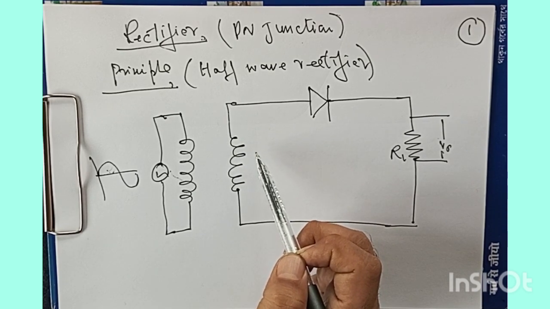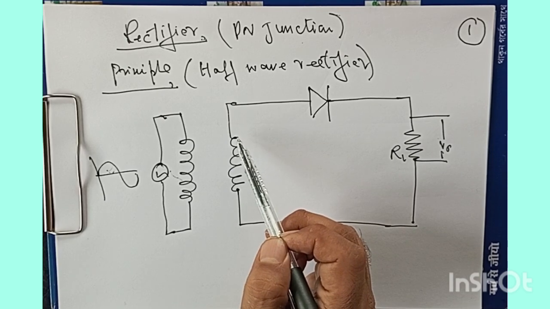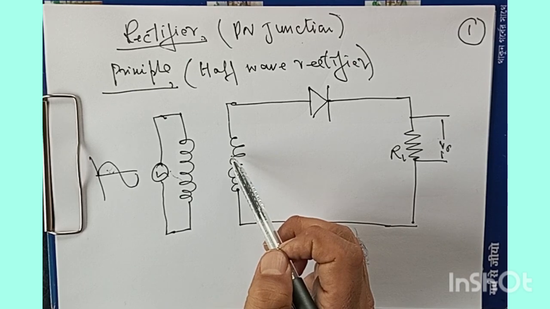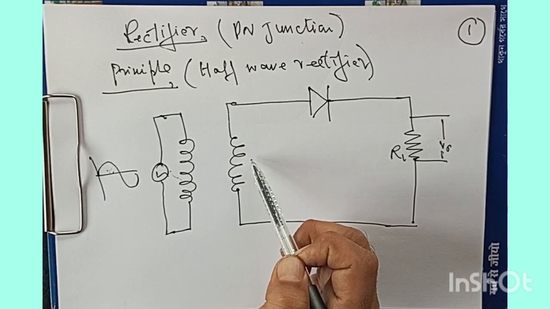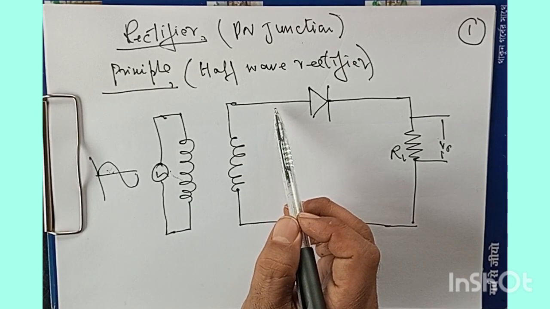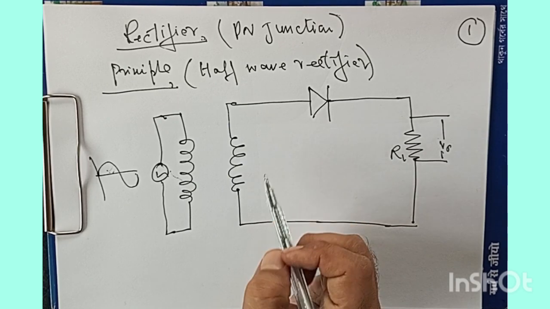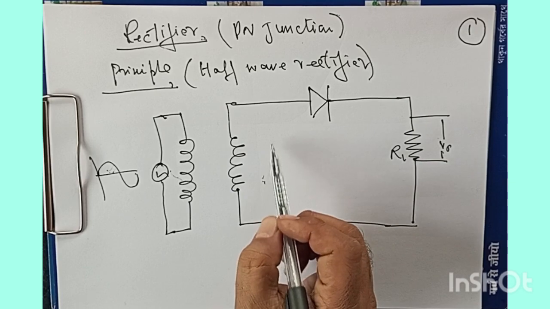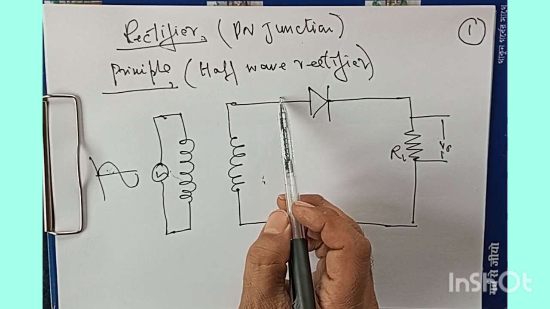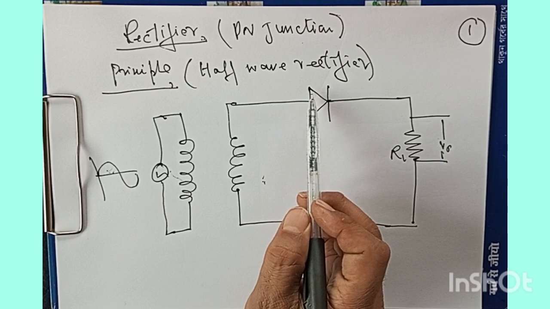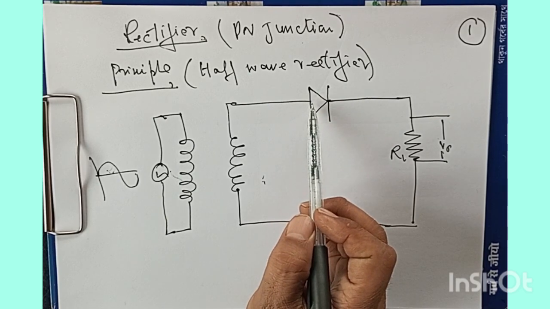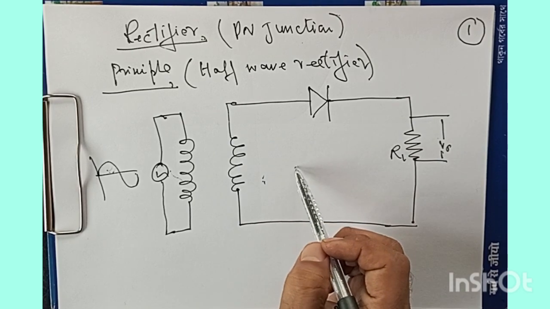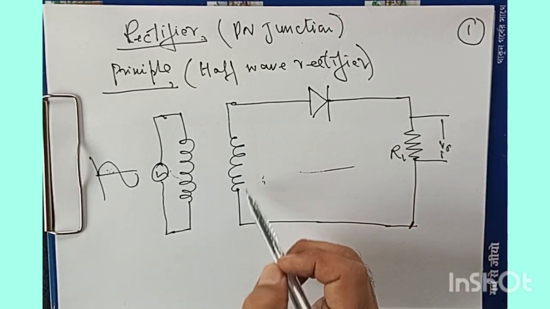The direction of that induced EMF is such that the upper end of the secondary coil becomes positive, and the lower end becomes negative. Since the upper end of the secondary coil is connected to the P region of this junction diode, and the lower end is connected to the N region, you can directly see this.